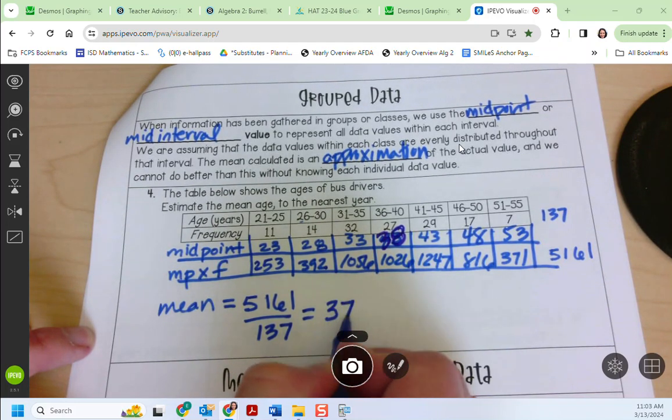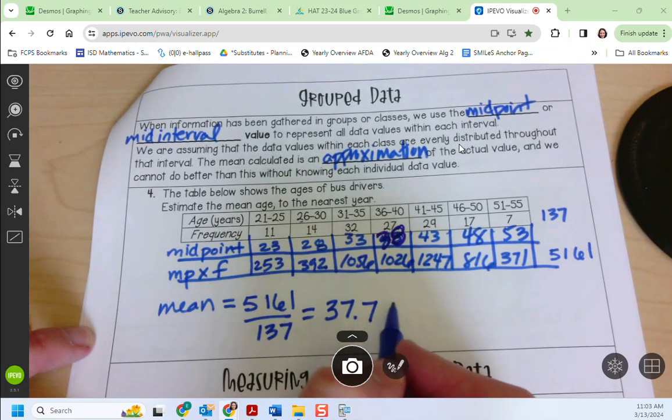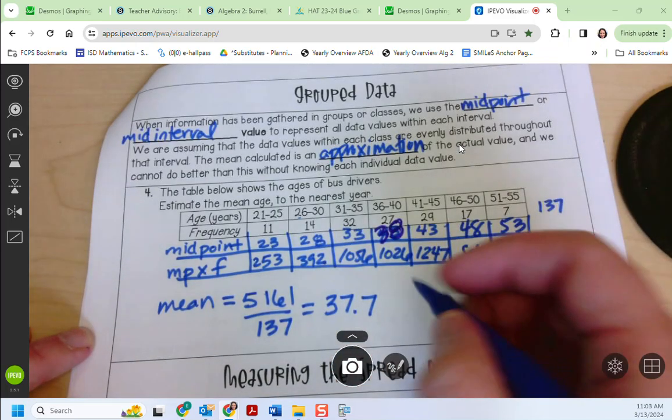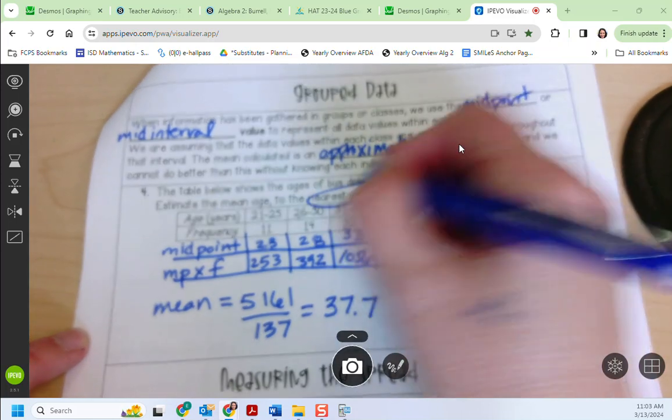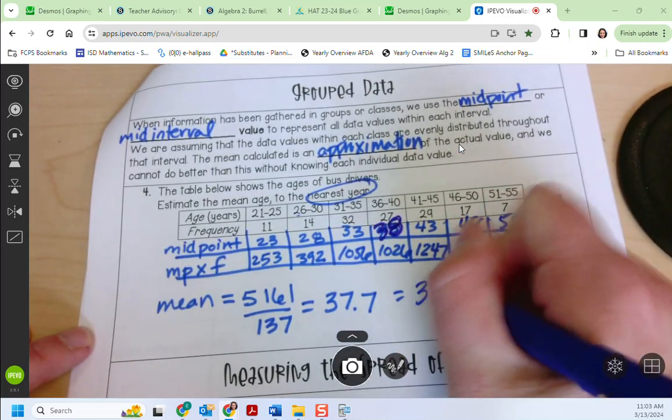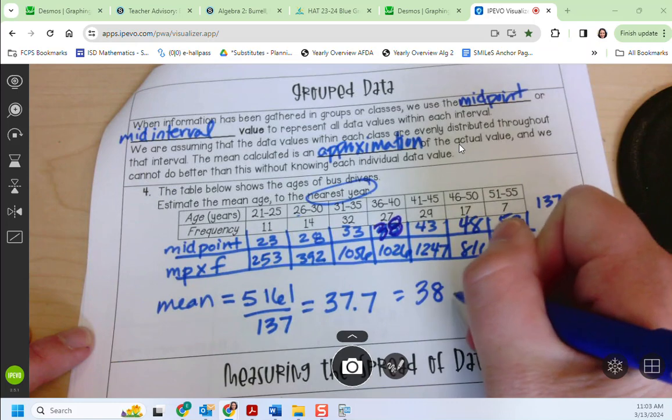All right, so our mean is about 37.7, or if you want to round to the nearest year, 38 years.